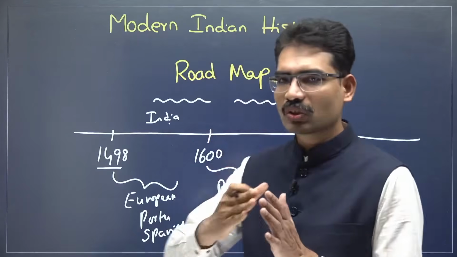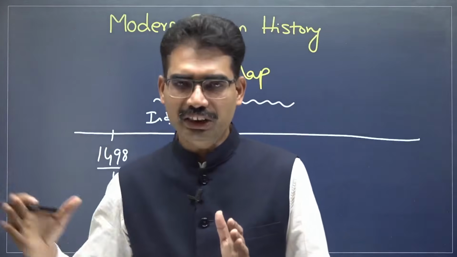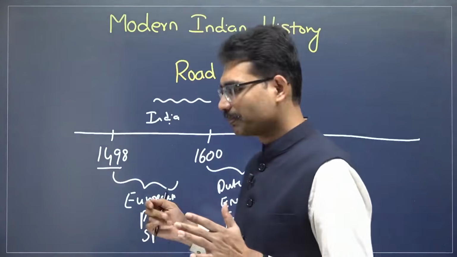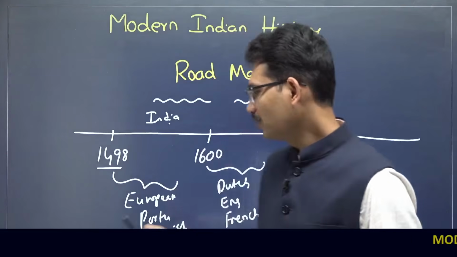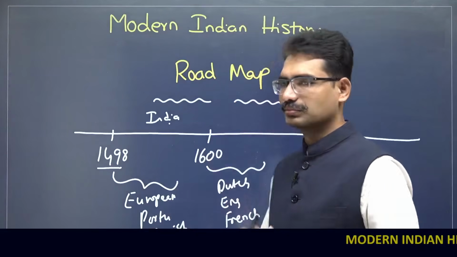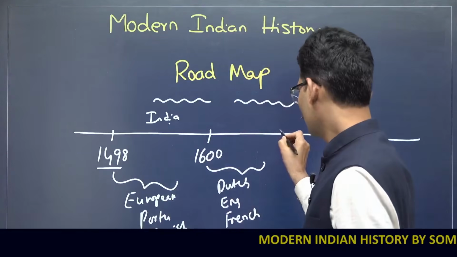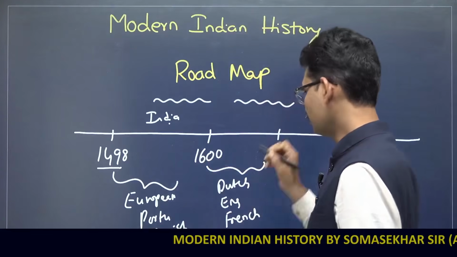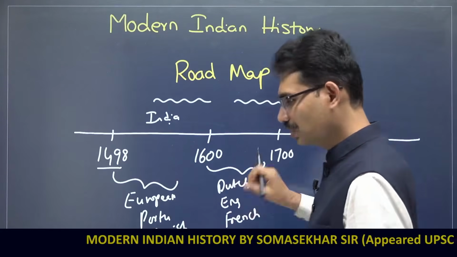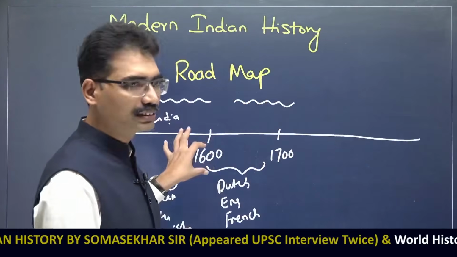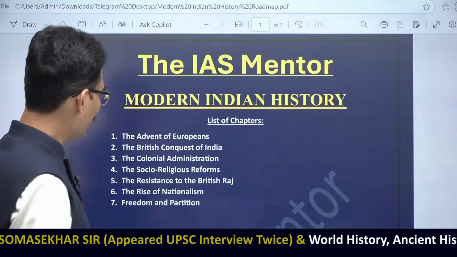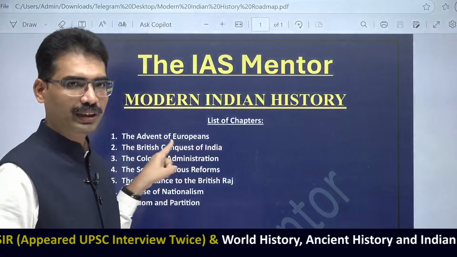Portuguese people controlled India and Asia parts, whereas Spanish dominated the American continent. Now these people also started competing. By 1700, there is going to be a huge competition among themselves. This phase in our history we call the advent of Europeans.